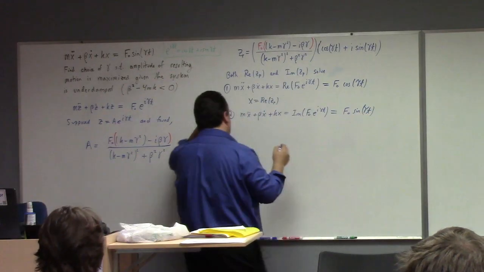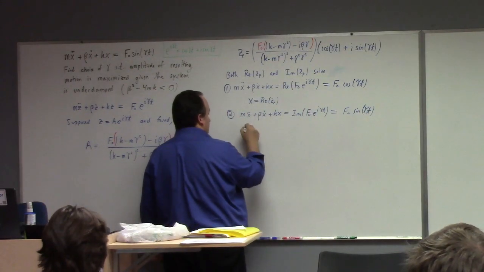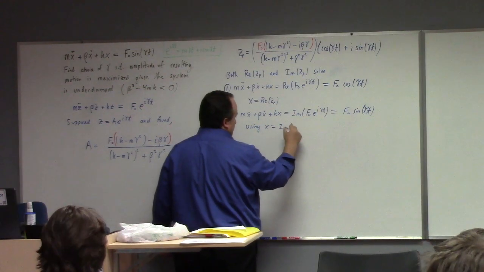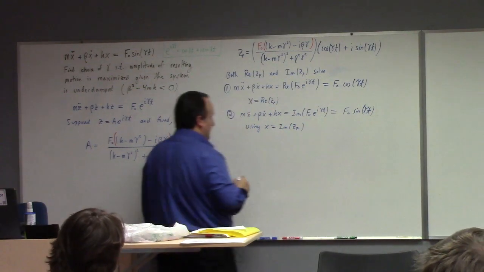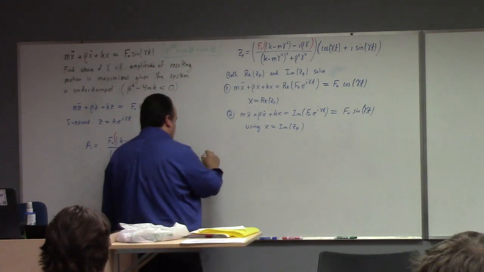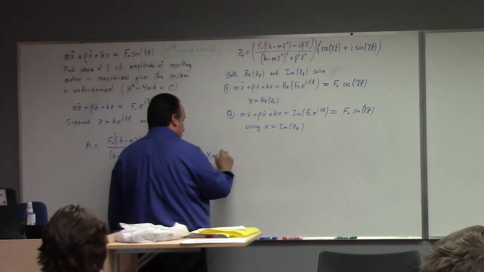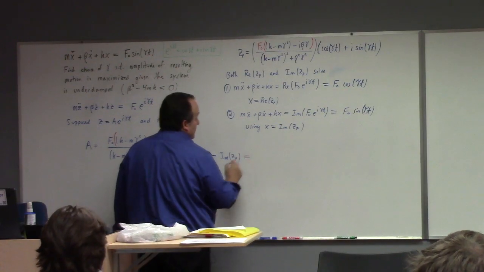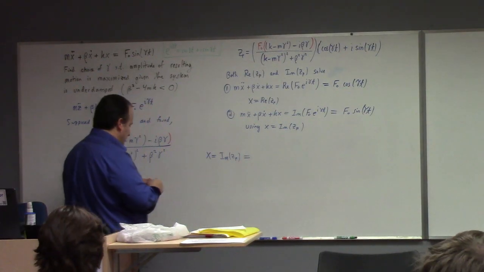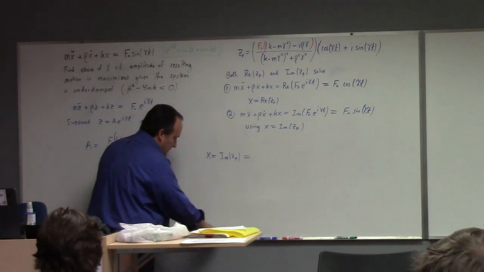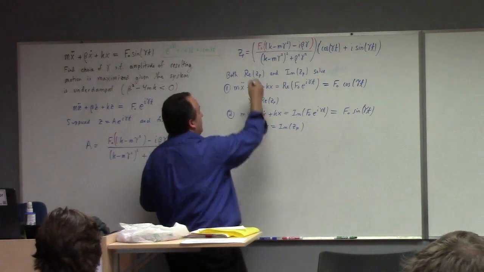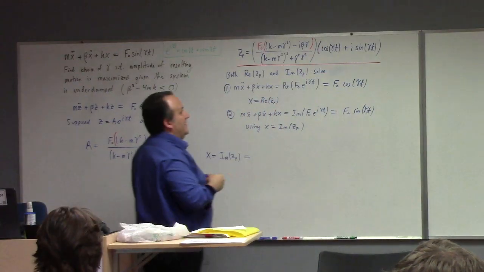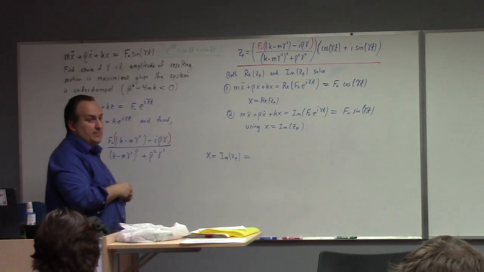All right? And here, x equals the imaginary part of zp. So finally, getting to the point, the solution that I want is x equal to the imaginary part of zp. And to figure that out, I would draw your attention to this business up here, all right? If you look at this expression right here, we can figure out what the imaginary part is.